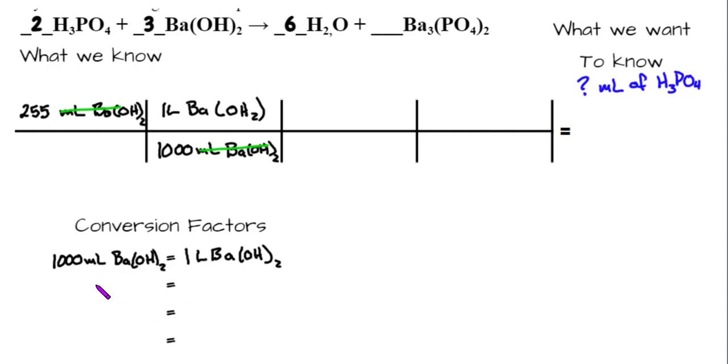Next, I am told that for every 1 liter of barium hydroxide, I have a molarity, or the number of moles, of 0.250 moles of barium hydroxide.